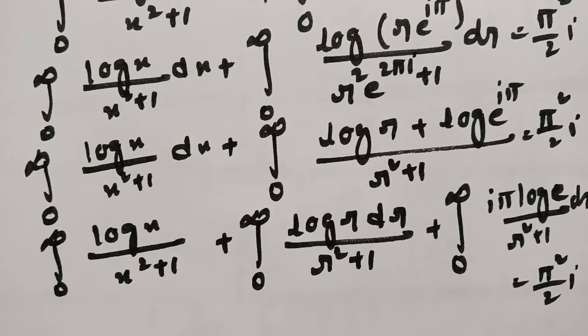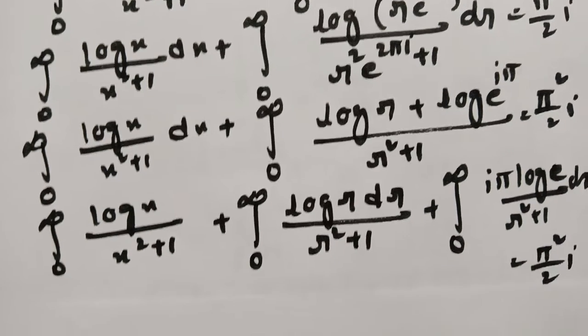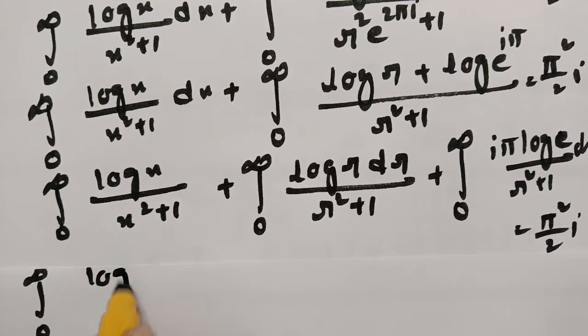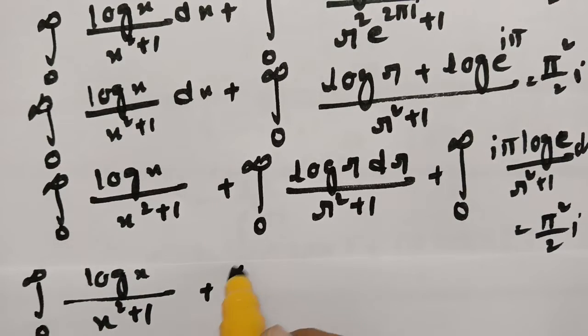So if I transform this r in terms of x, see what happens. This will be the integral from 0 to infinity of log x by x square plus 1.